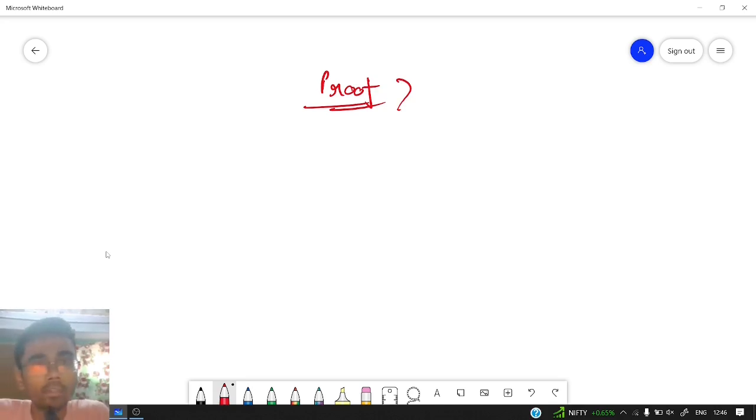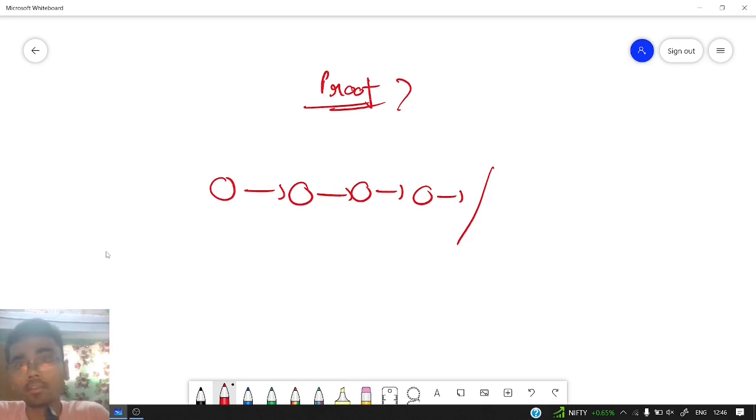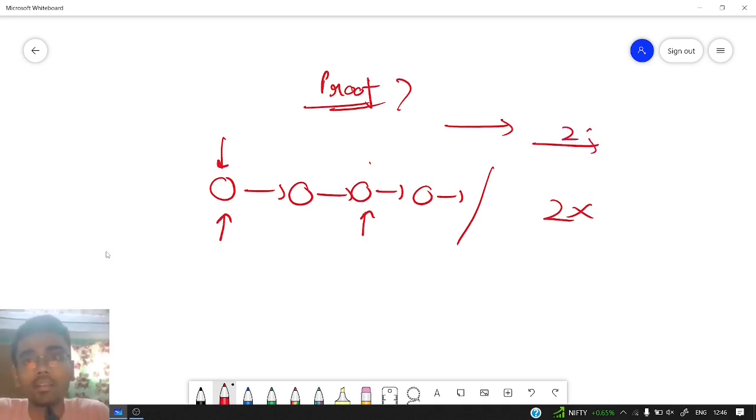As we know, if there is a simple linked list with no cycle, it will keep on going and at the end there will be some node that will be pointing to null. So there will be a fast pointer and a slow pointer, and both will be moving in the forward direction, and since the fast pointer is moving at twice the speed of the slow one, there is no possible chance that the slow pointer will be able to catch the fast pointer, because they are both traveling in the forward direction and one is traveling at twice the speed of the other.